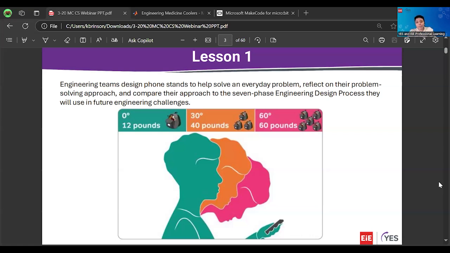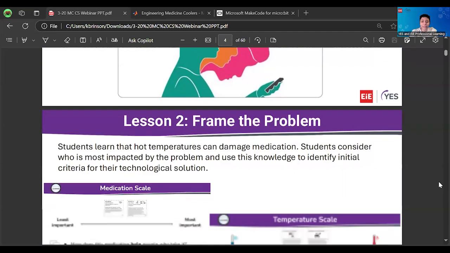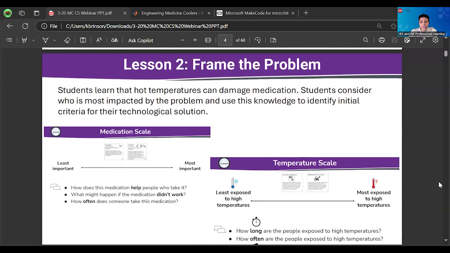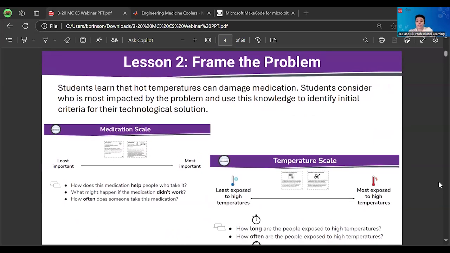So you are welcome to flip-flop that around. If you feel like your students might need more support, you can introduce the engineering design process to them first and then have them go through those steps as a group. Or you can do it as written, whatever works for your students. In lesson 2, this is our first part of the engineering design process, which is framing the problem.